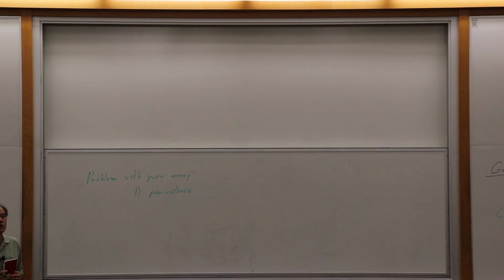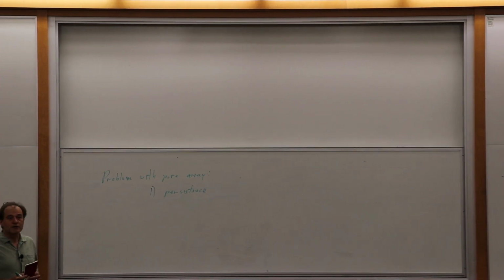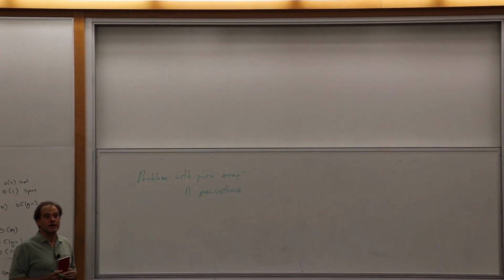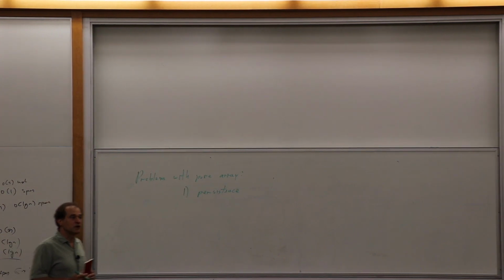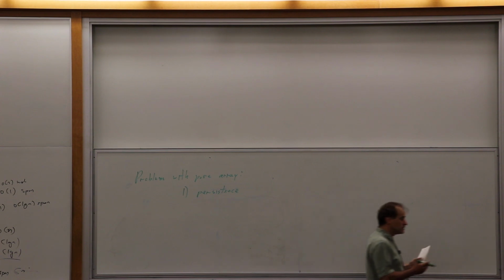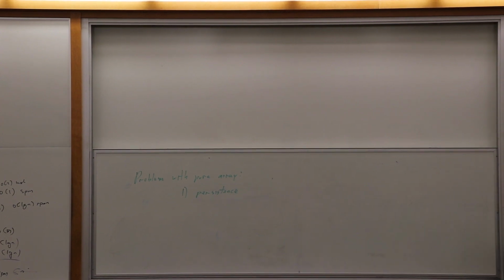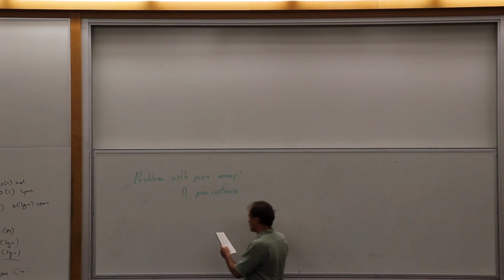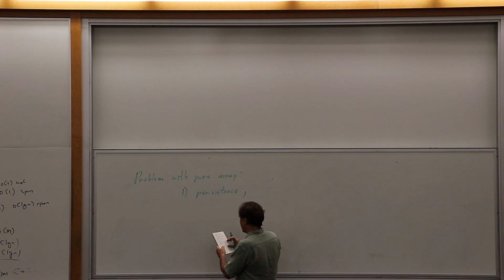When we modify an array, we need the old array to stay there. If we reference it, it would be incorrect to see the change on the old version. You have to create a new version and keep the old version around. So we need a persistent data structure, one that doesn't change when someone else makes a change to it. So persistence requires copying.